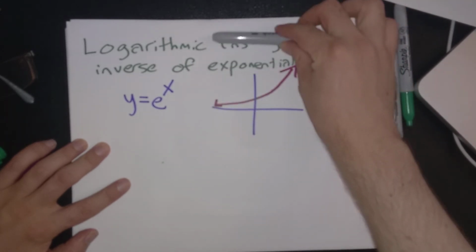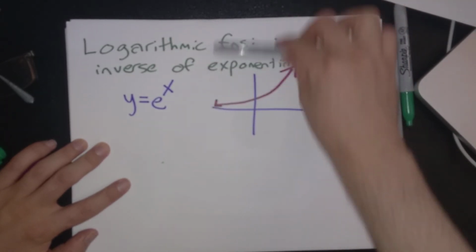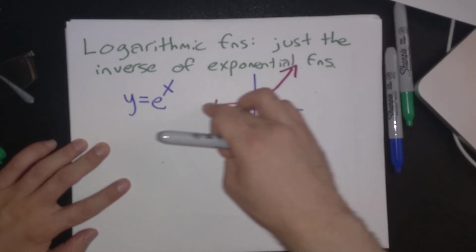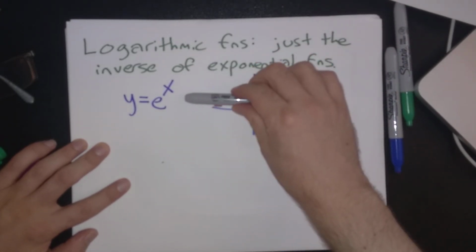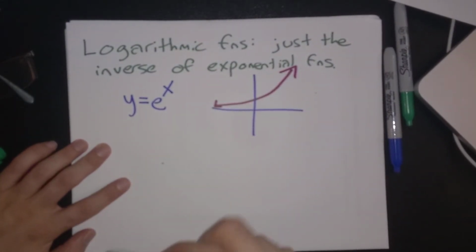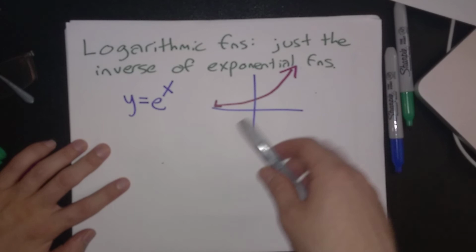It is passing the horizontal line test. It goes up very steeply, and it is always increasing, it never levels out completely, so it will pass the horizontal line test.